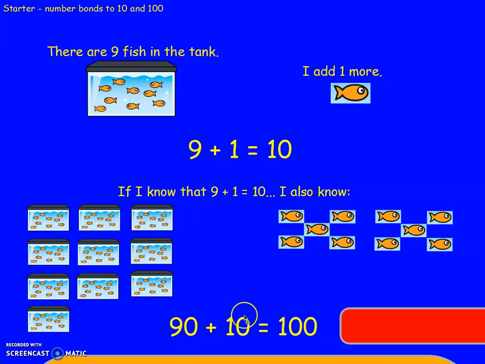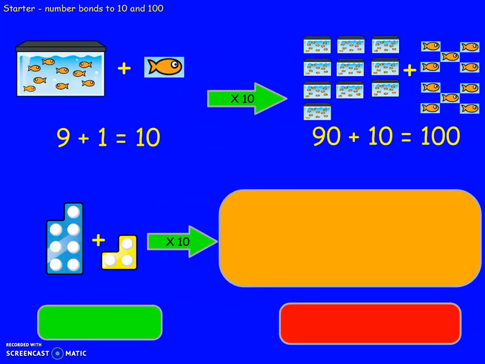So 90 and 10 would be the number bond to 100. So if 9 plus 1 is 10 and we times that by 10, we will find the number bond to 100. So 9 plus 1 equals 10, multiplied by 10 is the same as 90 plus 10 equals 100.